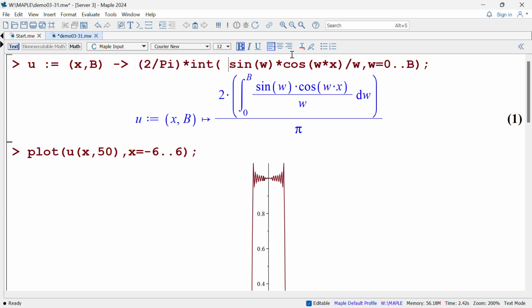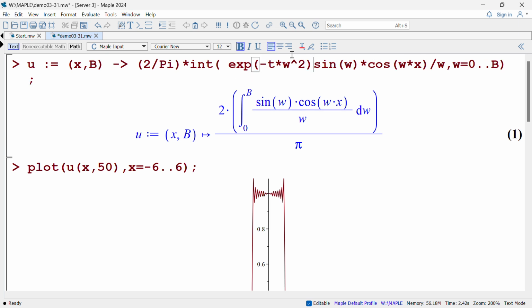And so there I would need the exponential function of, what is it, t, it was minus t times s squared. In this case, w squared times that.